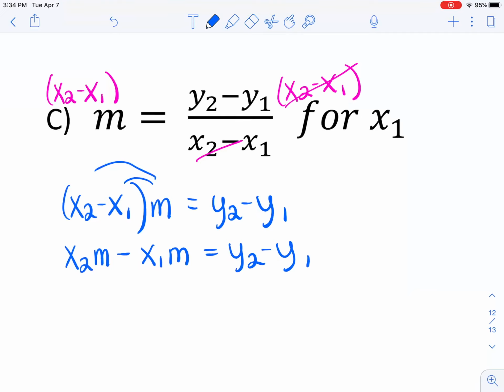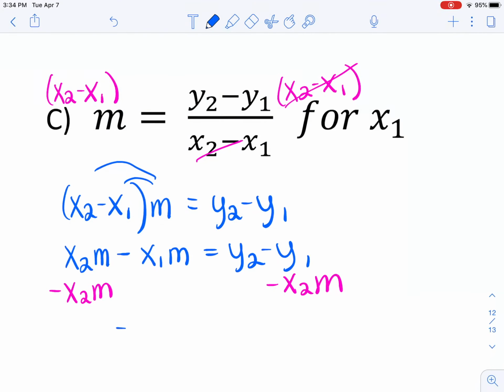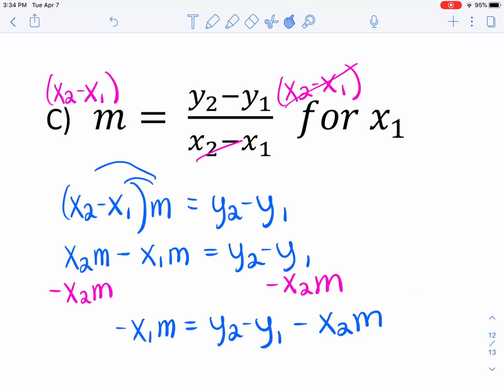We're trying to solve for x sub 1. Right now, we have this x sub 2 times m on the same side as that x sub 1. So let's subtract x sub 2m to the other side. When we do that, we're left with negative x sub 1 times m equals y sub 2 minus y sub 1 minus x sub 2 times m.